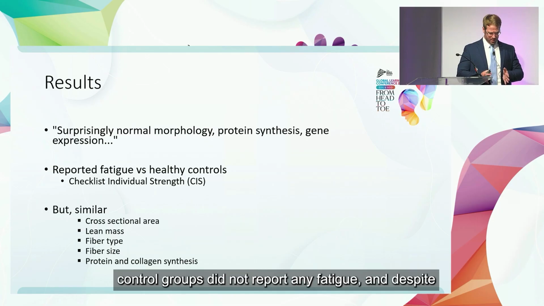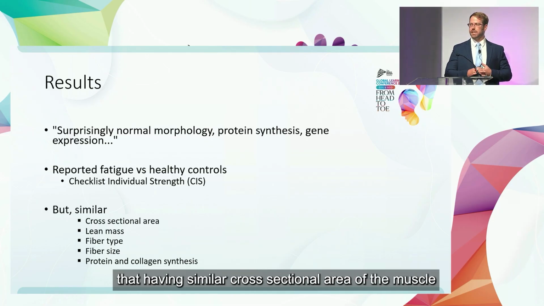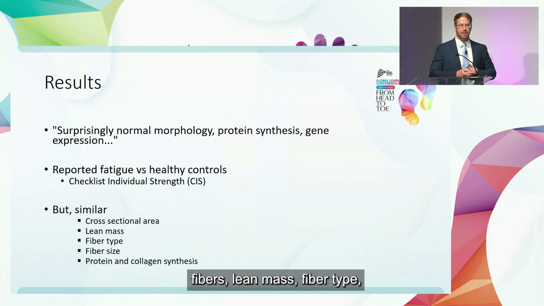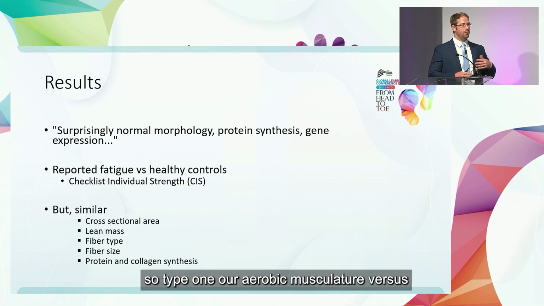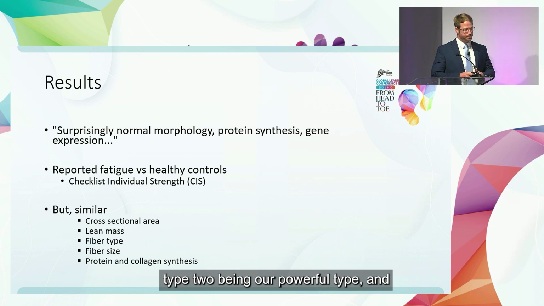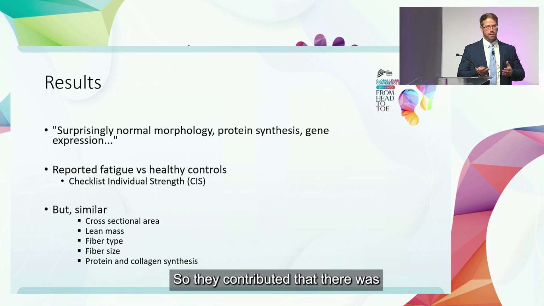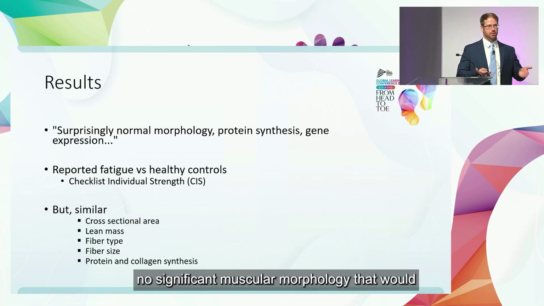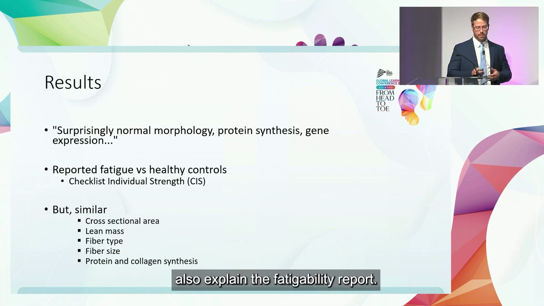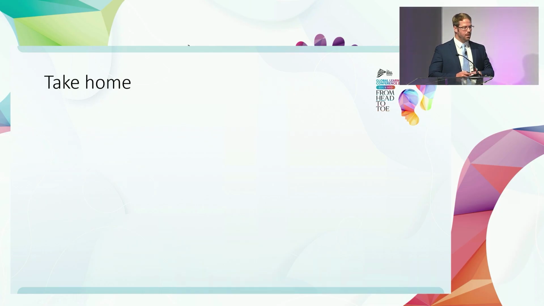And despite that, they had similar cross-sectional area of the muscle fibers, lean mass, and fiber type, so type 1, our aerobic musculature, versus type 2 being our powerful type, and protein and collagen synthesis being unchanged. So they concluded that there was no significant muscular morphology that would explain the fatigability report.